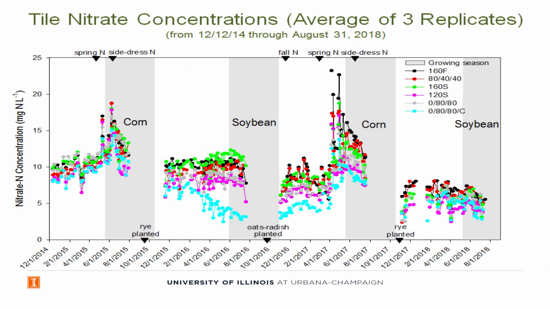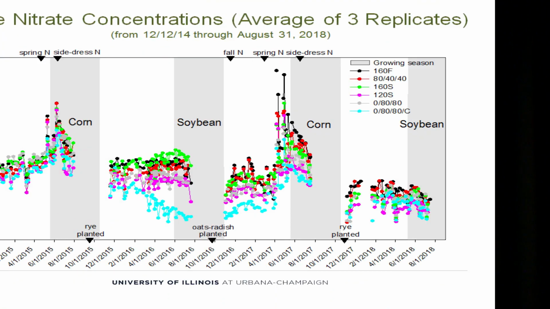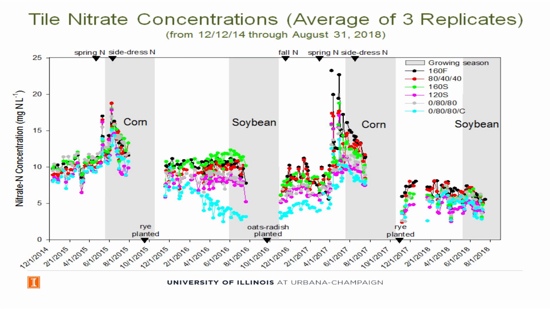Here's a very nice example of the cereal rye effect on tile nitrate. Each one of these dots is the average of the 3 replicates, and so these 3 tiles were just brought right down to about 1 part per million thanks to the cereal rye uptake, and it didn't hurt the soybean yield. Now we flip to the other half of the experiment, the other 18 tiles, and I am showing the setup year, which is 2015.